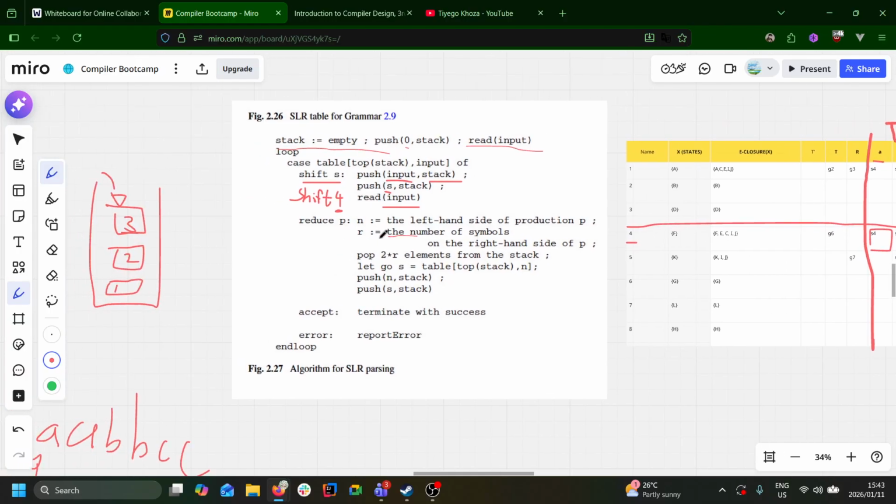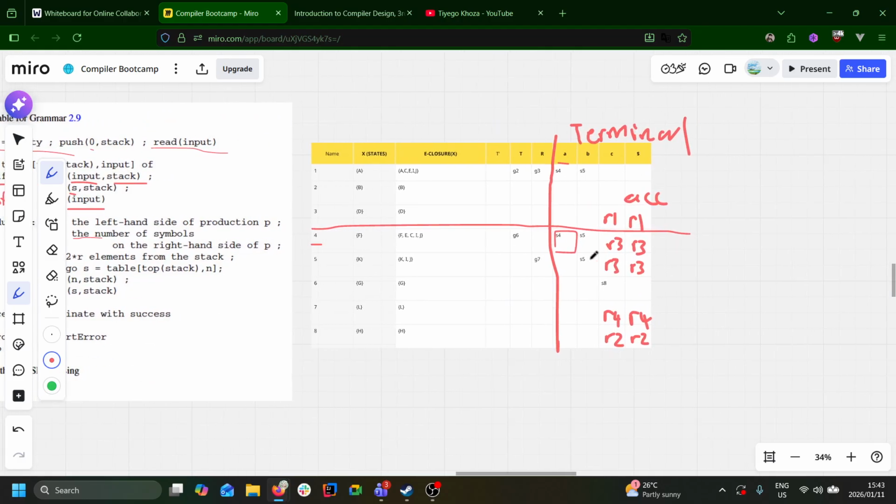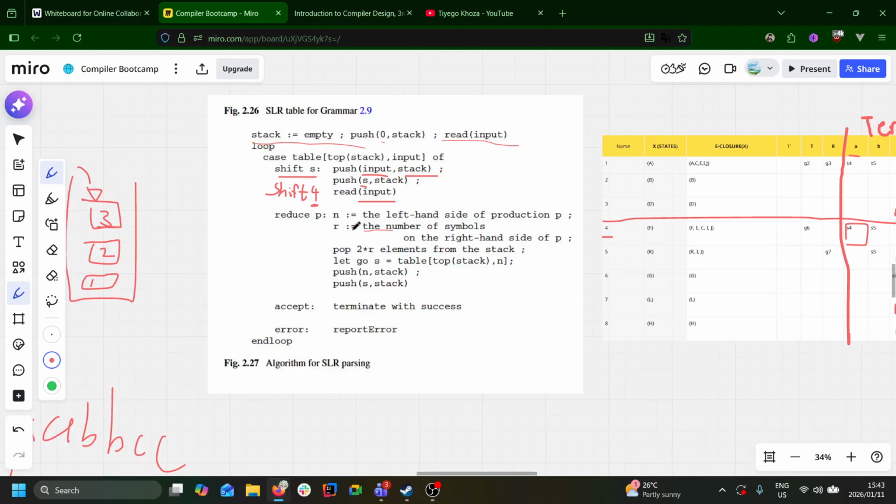Then you also have reduce, which is the same thing. If you're reading your top of the stack and your input, and you land on reduce 3, you get N equals the left hand side of the production rule.